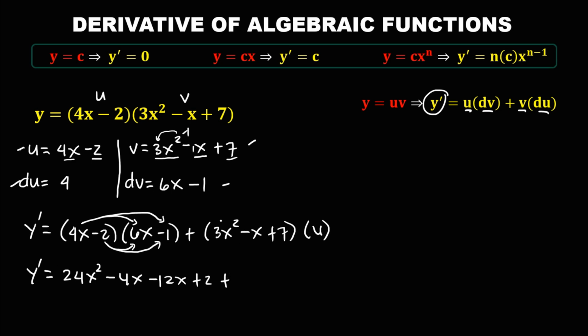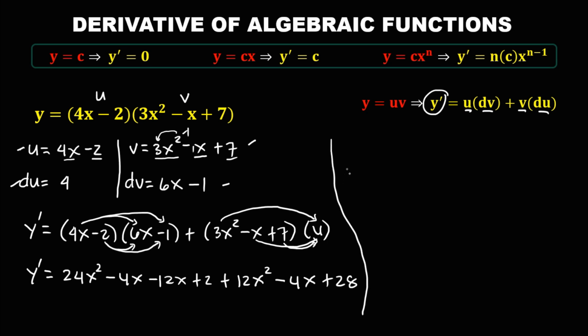Then plus this 3x squared times 4. This one is 12x squared. Negative x times 4, negative 4x. And 7 times 4, that's positive 28.